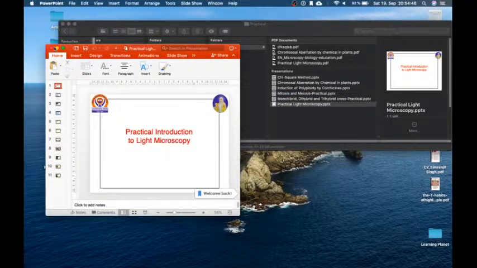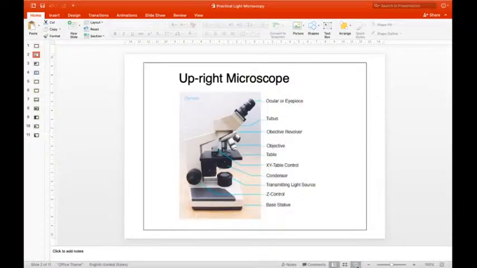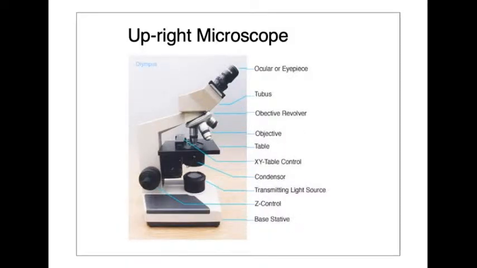So that was something to do with the light microscope. I hope you have all used a light microscope in the lab, in your plus two or plus one. In your microscope, I just want to tell you which part is what.